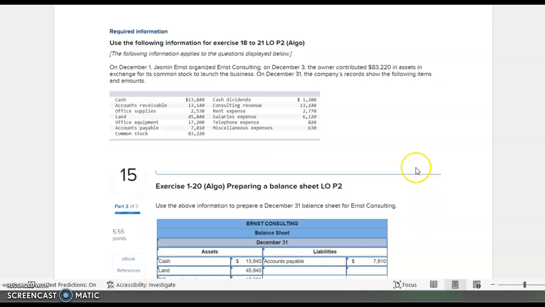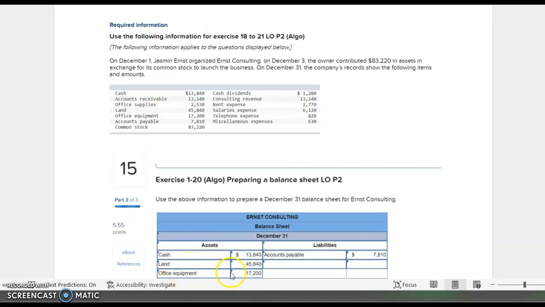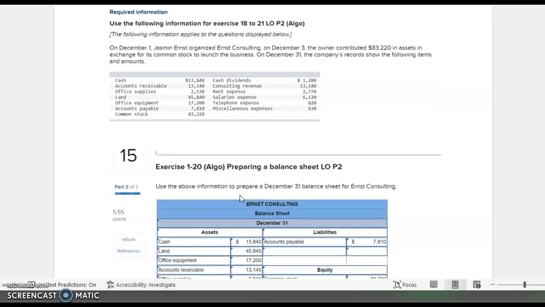So we would take the information from our original problem. Our cash amount is an asset. We would label it cash for $13,840. Land is an asset, $45,840. And then our office equipment, $17,200 from the original problem.